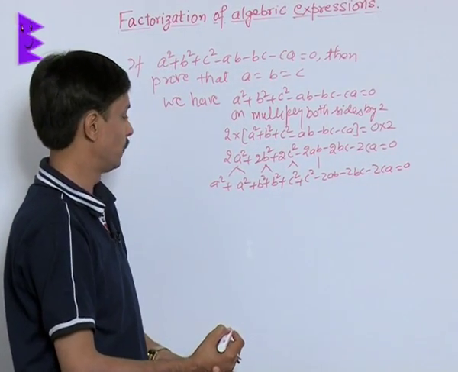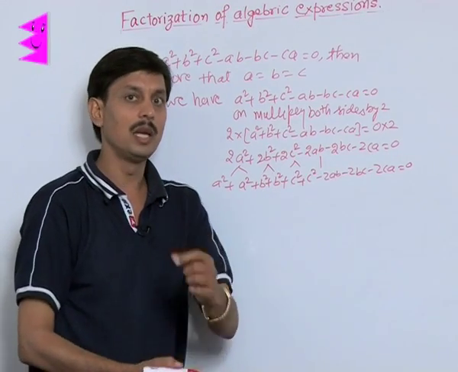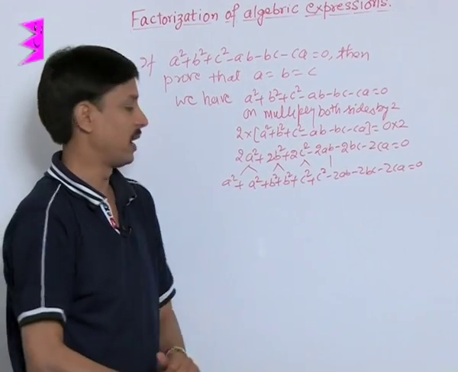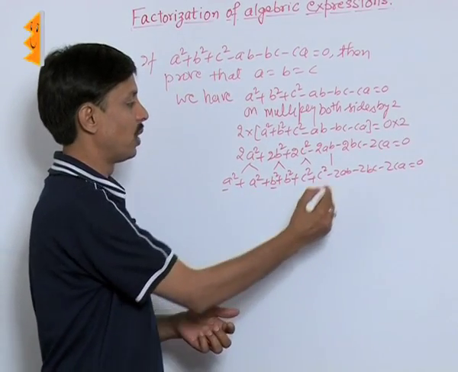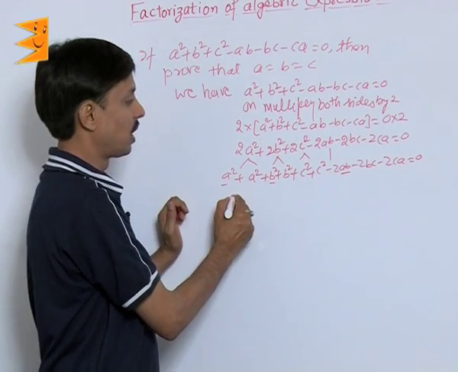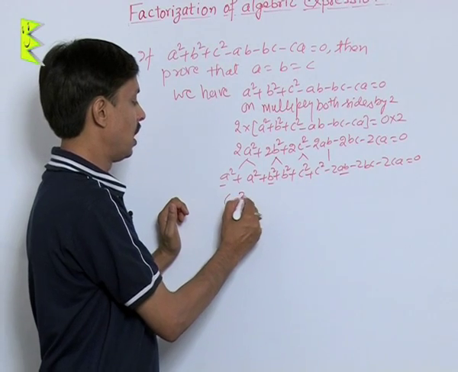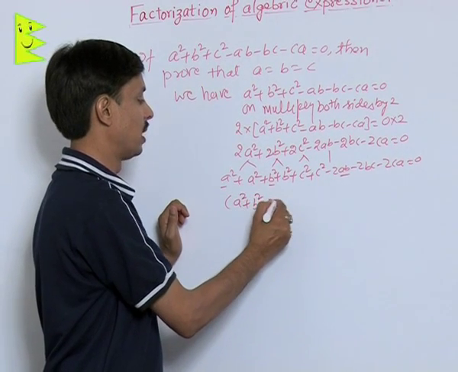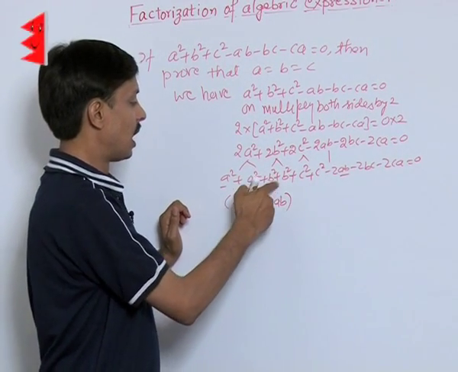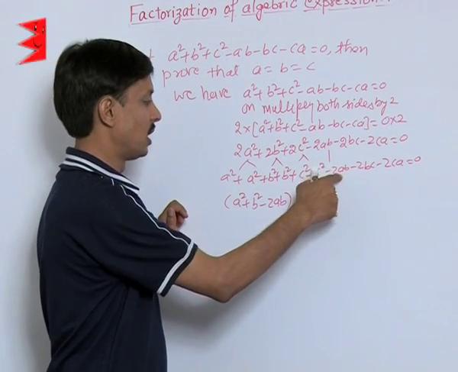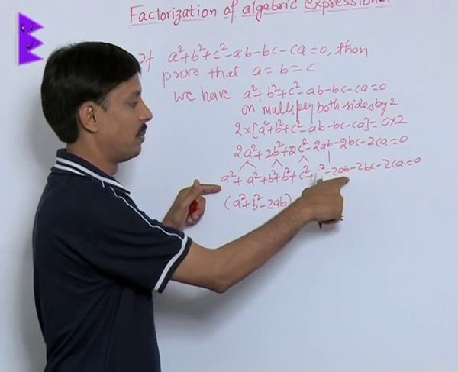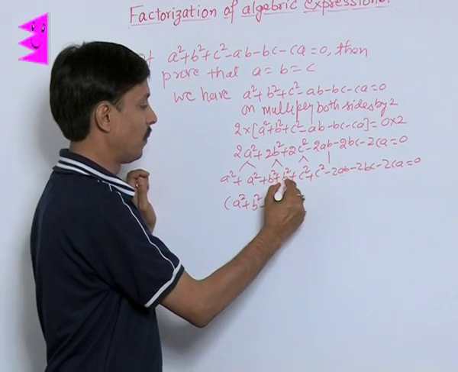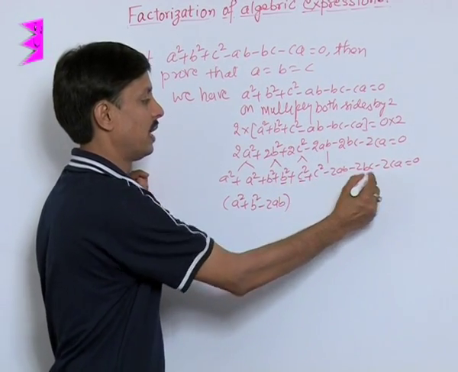Now think of clubbing to make perfect squares. You can think this is a square plus b square minus 2ab. Write at one place a square plus b square minus 2ab. Now after taking these three results, a square, b square, c square, and minus 2ab, I am looking for b square plus c square minus 2bc.